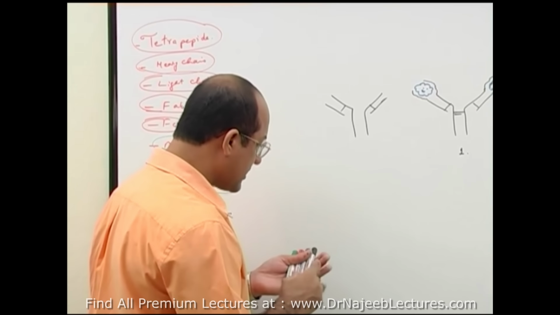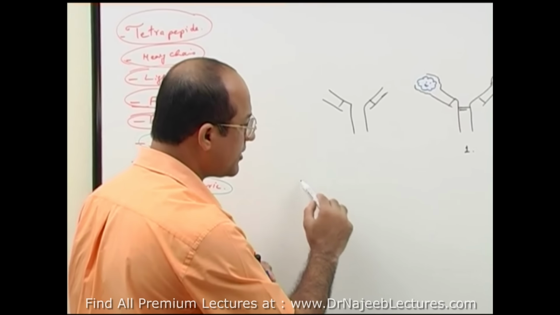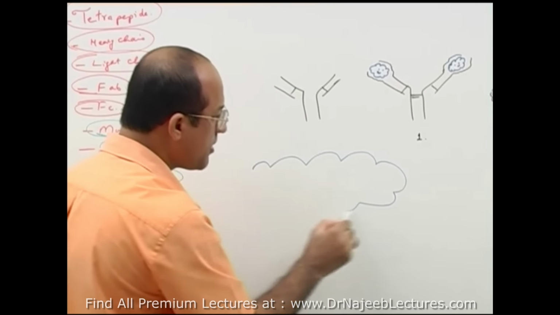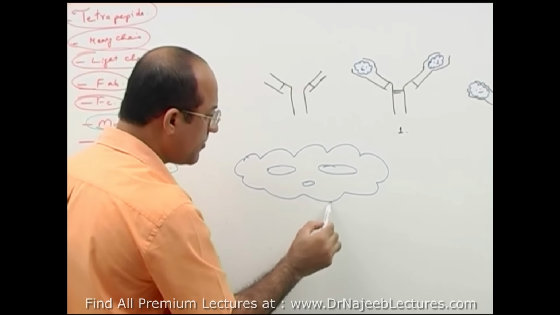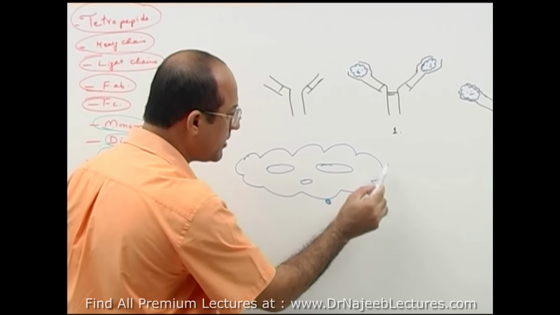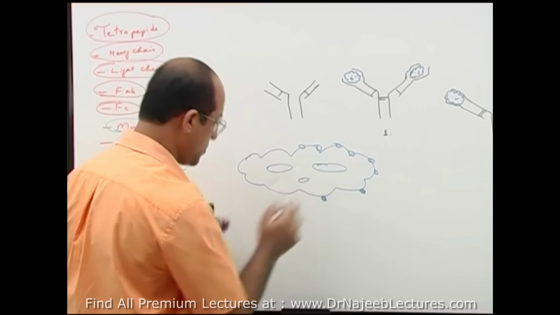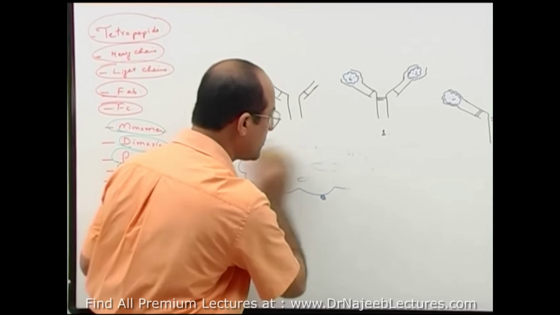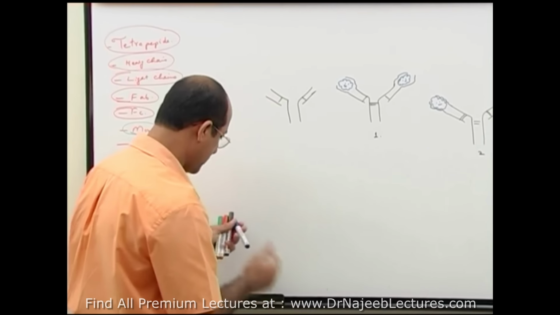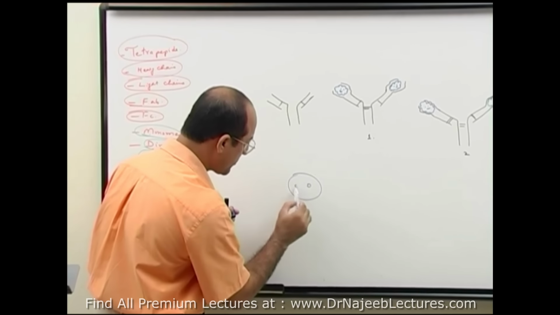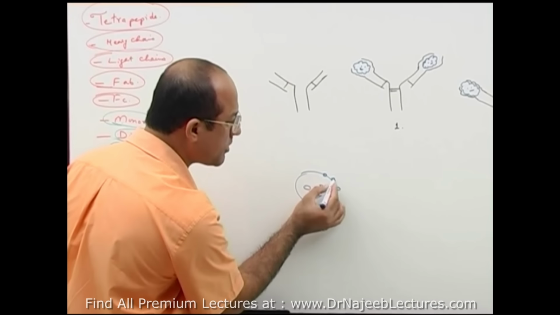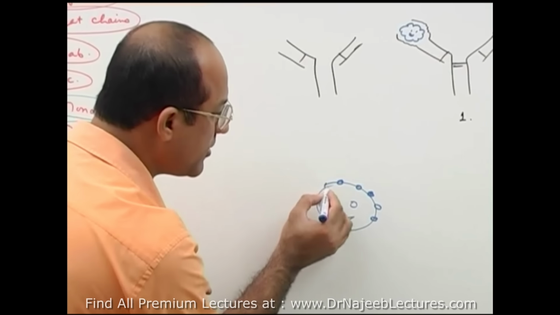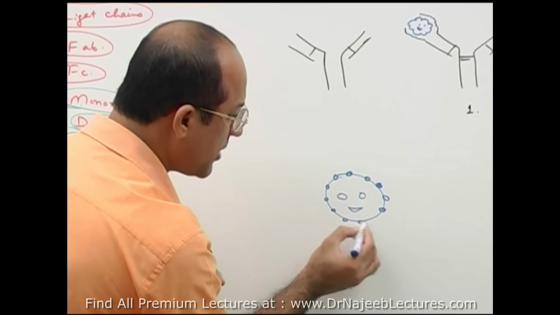Let's suppose that there is a very big antigen with multiple points with which antibodies can bind. I will make it a simpler diagram so that you don't become afraid of this. This is a very big antigen with small epitopes. Epitopes are the points exactly with which the antigen binds.